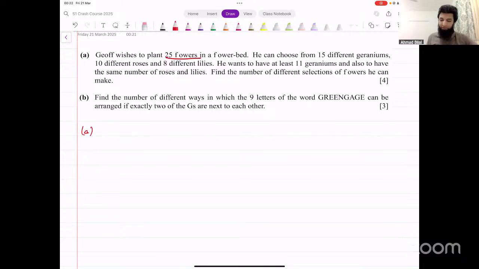He wants to have at least 11 geraniums and the same number of roses and lilies. Find the number of different selections that he can make. Okay, so what are the total numbers that we have for each type? We have 15 geraniums, so we have 15 of these. And then we have 10 roses, and we have 8 lilies.